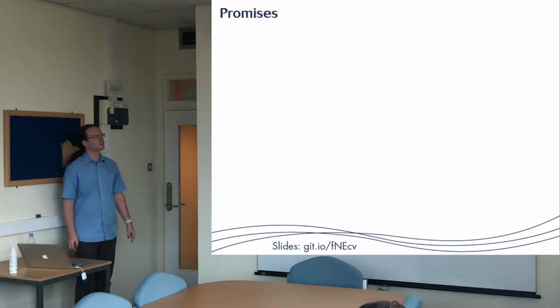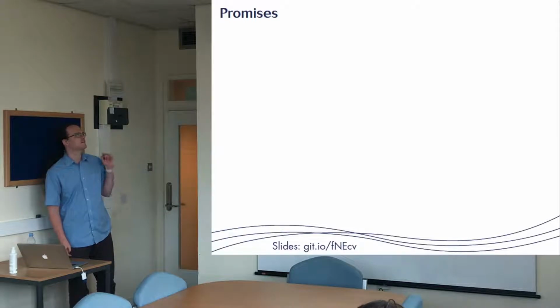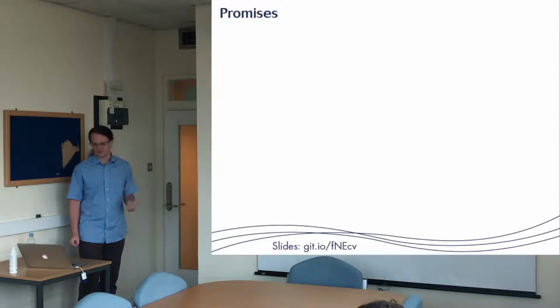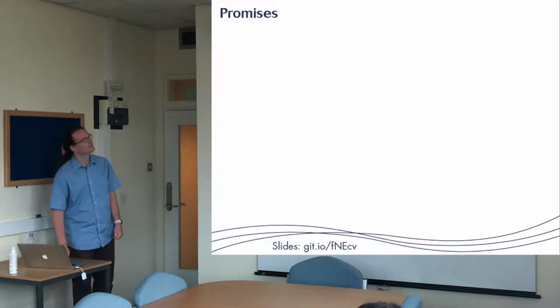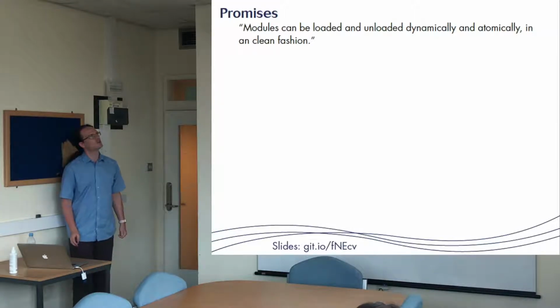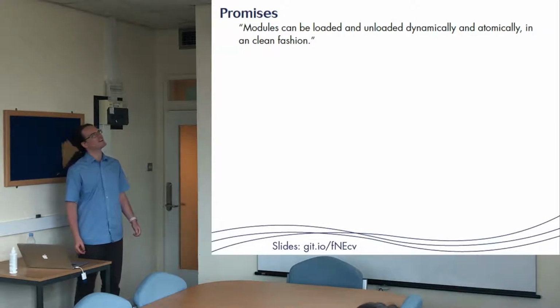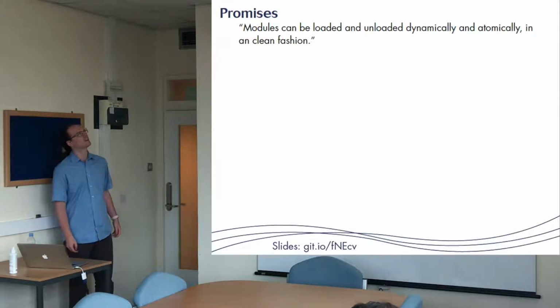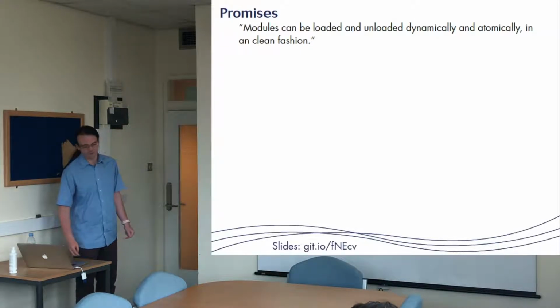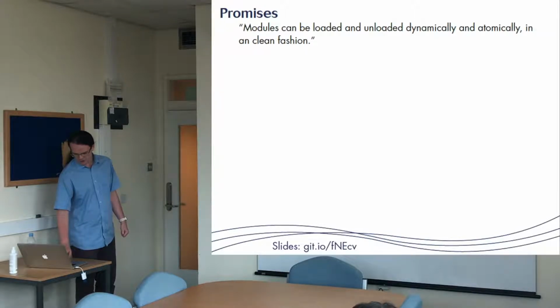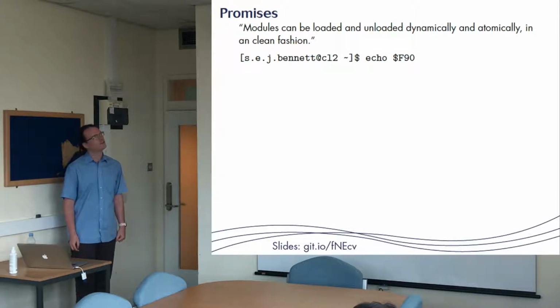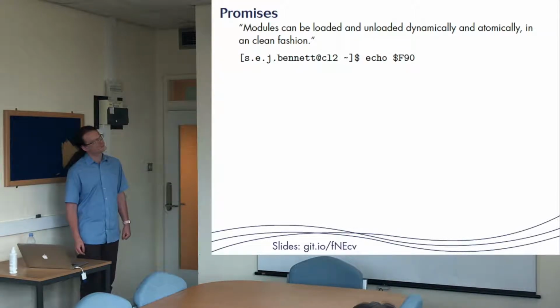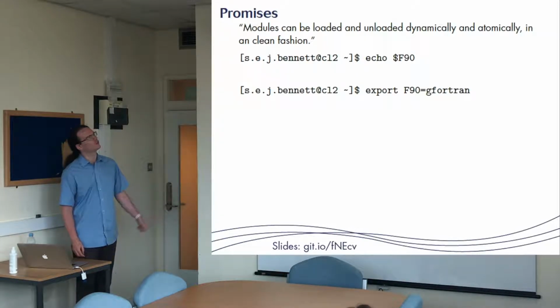So before we come on to our suspicion, Mark has requested I put this promise from the designers of module. Modules can be loaded and unloaded dynamically and atomically in a clean fashion. This is the commitment on the GitHub page for environment modules. So let's do this. I have just logged in. F90 is not set.